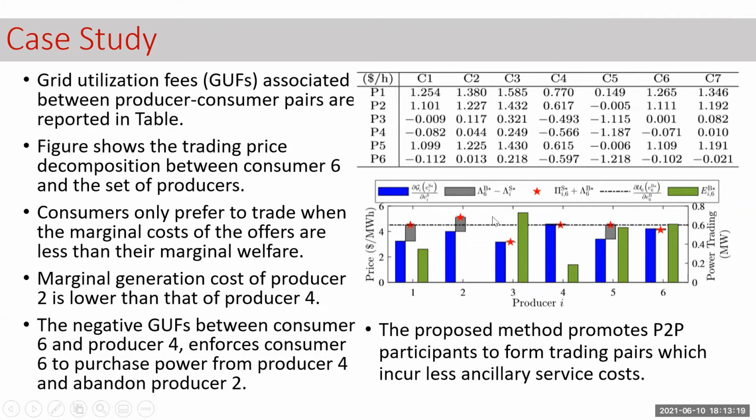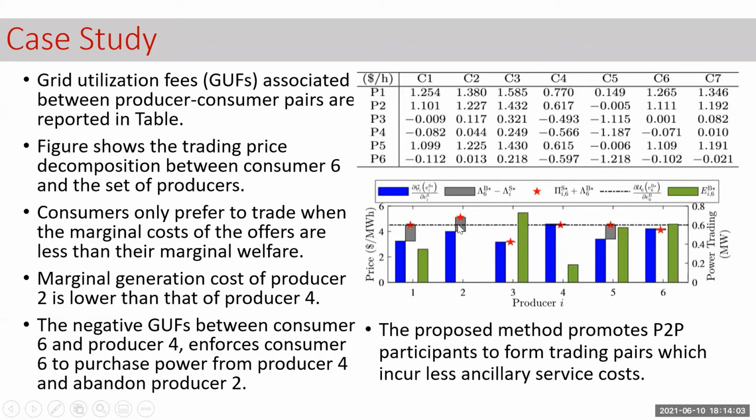Here is the market clearing, showing how each consumer selects producers. For this example, I have plotted the consumer 6 data. The black curve shows its marginal welfare. Whichever producers have a marginal cost less than its marginal welfare, he will be willing to buy from. If something is higher than it, for instance producer 2, its marginal cost is lower than the marginal welfare of the consumer.